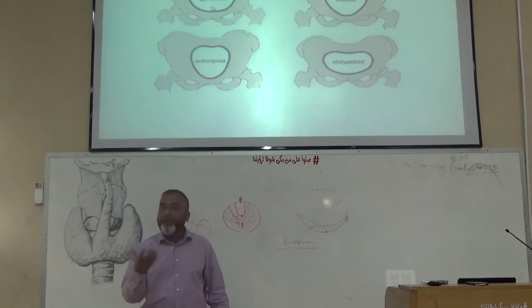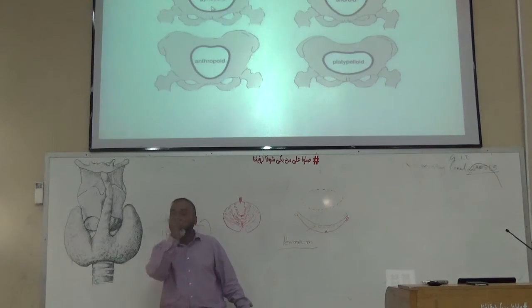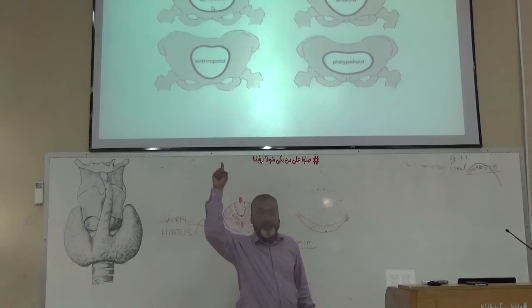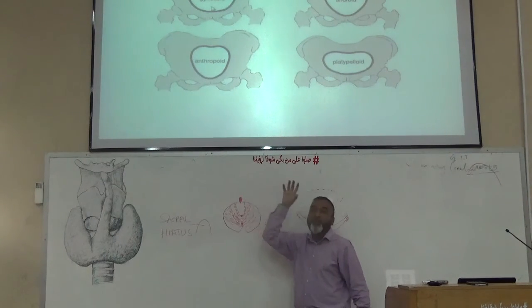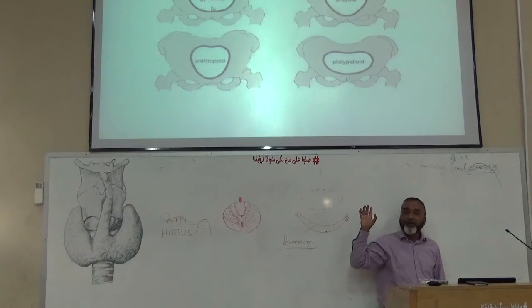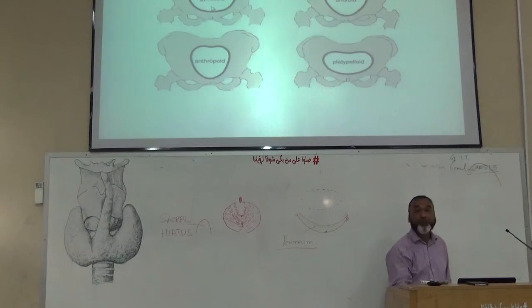The pelvis shape changes, but the normal female pelvis for vaginal delivery is of the gynecoid type. 41% of females have the gynecoid type of pelvis or pelvic outlet.